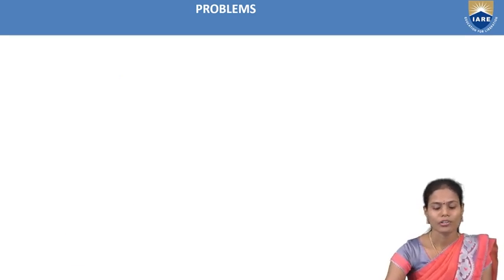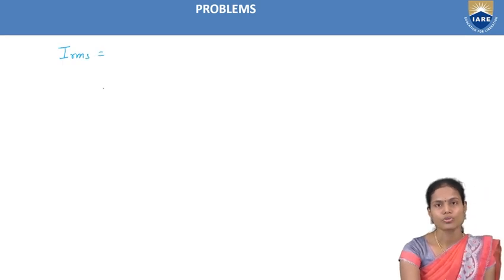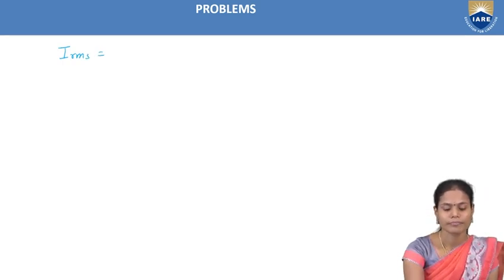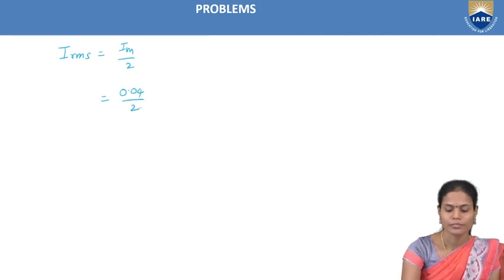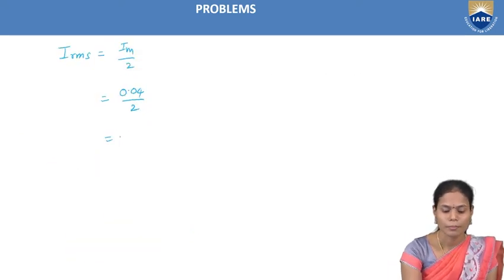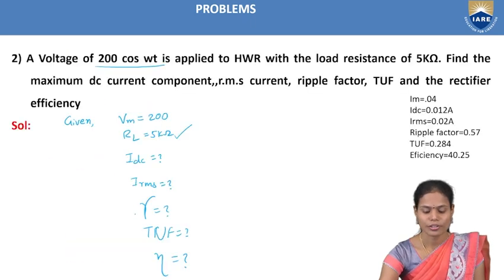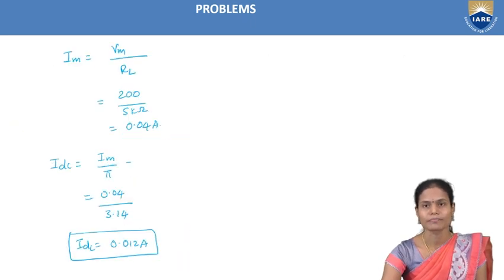And next we need to calculate the RMS current, IRMS. So IRMS current is equal to Im by 2. The Im value we got here is 0.04 divided by 2, that is 0.02 amperes. So the IRMS value is 0.02 amperes here. And next we need to calculate the ripple factor.